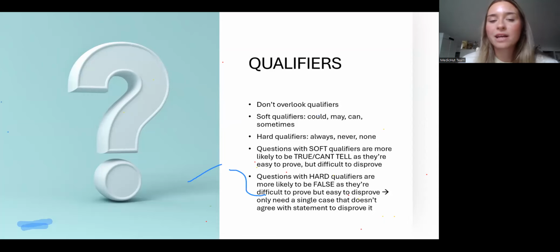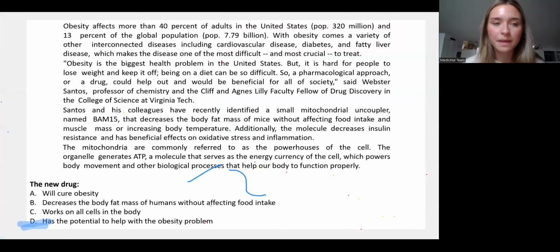So that is a very hard qualifier. All is a very hard qualifier. Now, obviously, in this case, it is true, sorry, all cats are animals. But when it comes to hard qualifiers, they are really difficult to prove, but easy to disprove, because you only need one example that goes against it to disprove it, essentially. So yeah, qualifiers, soft and hard, are really important to look at, especially when it comes to guessing questions for flagging them and coming back to them later.